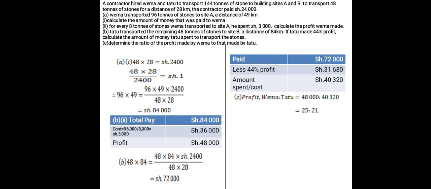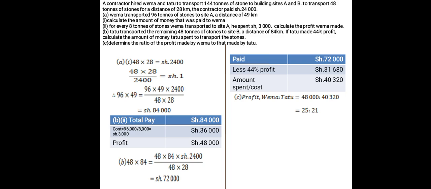Now, if somebody is transporting 96 tons to a distance of 49 kilometers, we have to divide this by what 1 shilling will do, so that we get what we got. Now we shall divide 96 times 49 by 48 times 28 over 2,400.